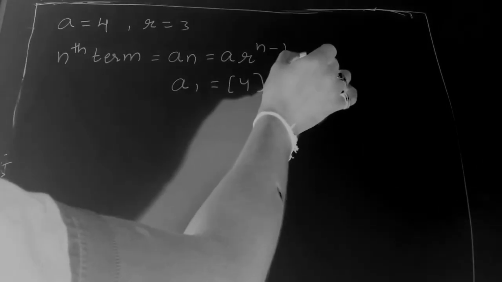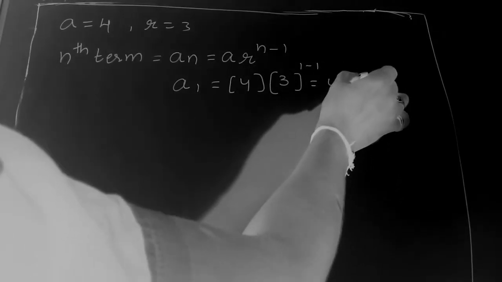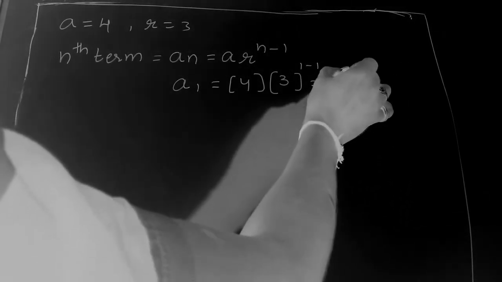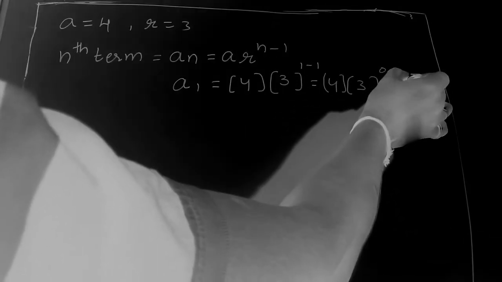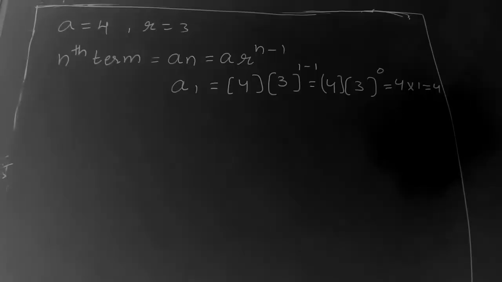So n value is 1, 1 minus 1, 4 into 3 to the power of 0. Anything to the power of 0 is 1, so 4 into 1 is 4. So this is the first term.